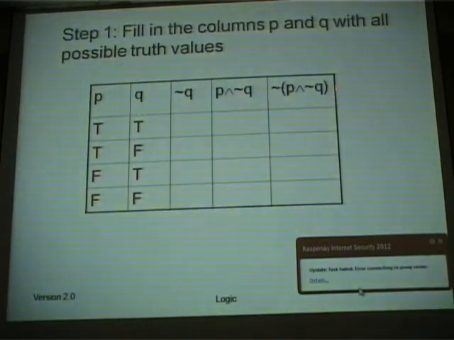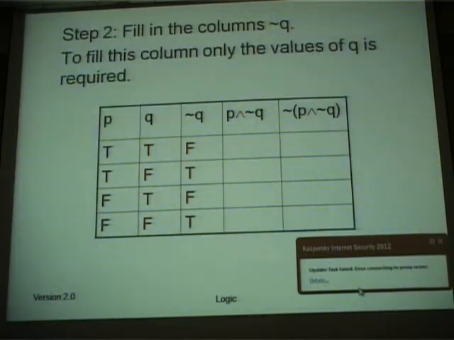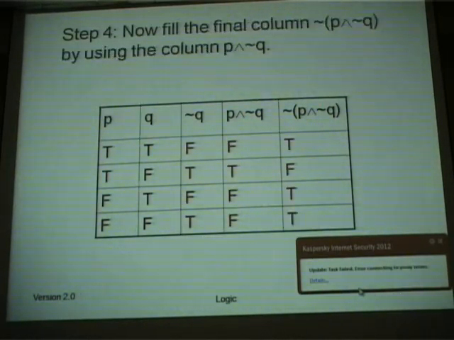For that one, I need first to determine this, then the conjunction, then finally this one. That's how you complete the truth table. With this, you should be able to work out the truth table for any compound proposition, however complex it is.